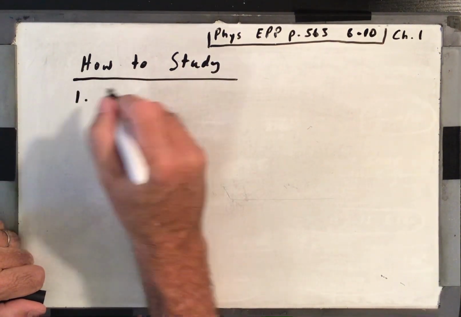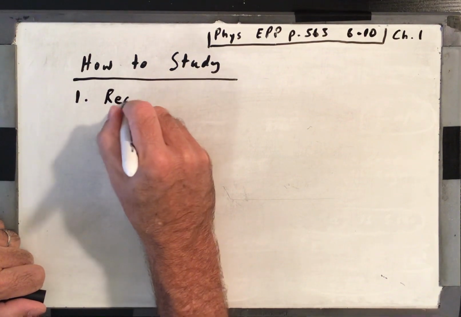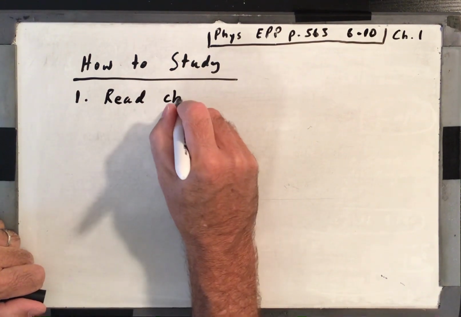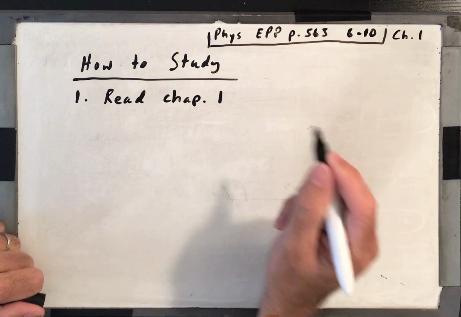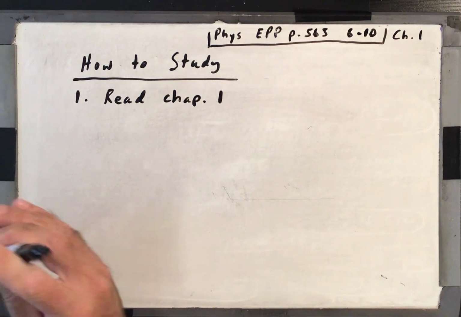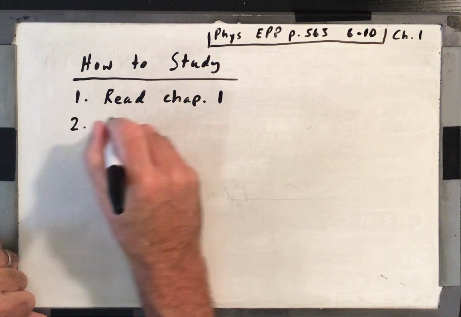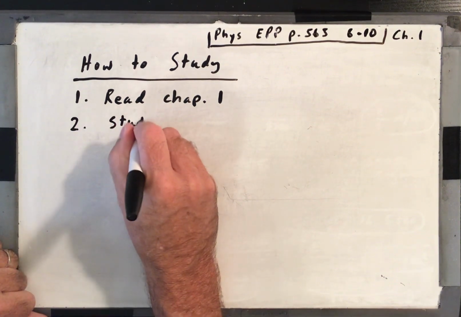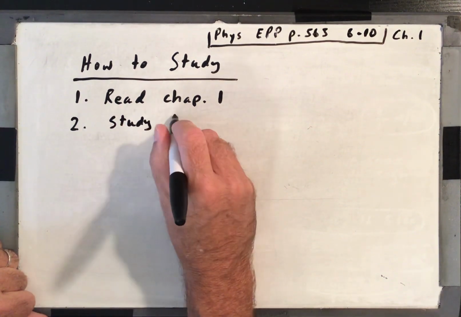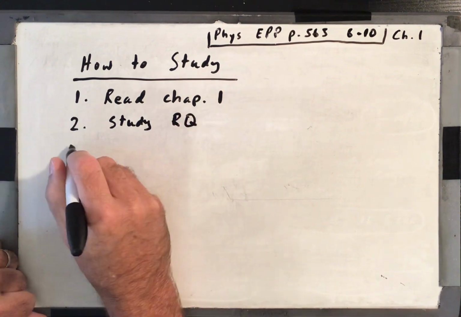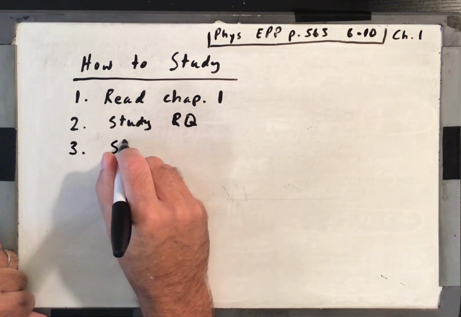First of all, in physics, it's important to read the chapter. The multiple choice and true-false questions are up a level over chemistry, so reading the chapter will really help. Study the review questions. Study the notes.